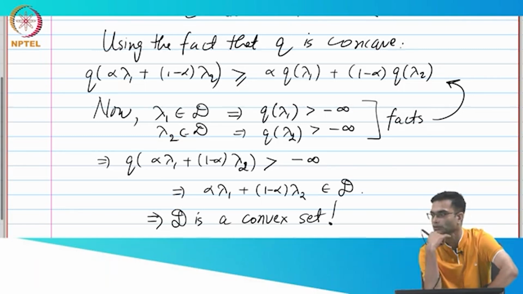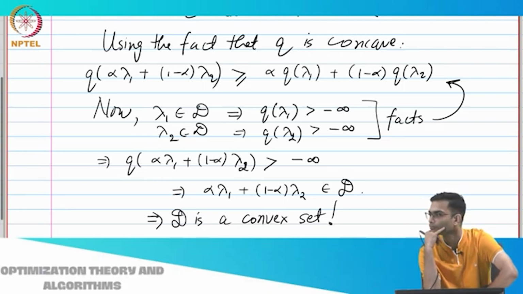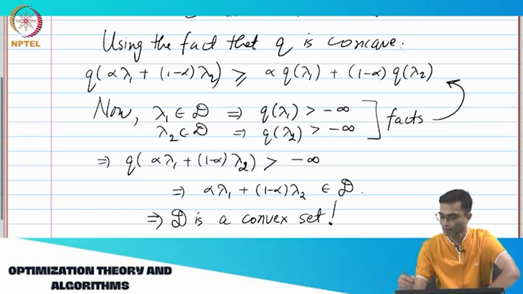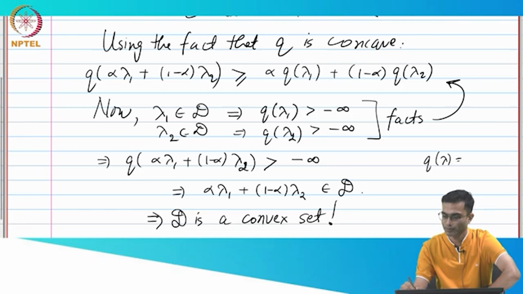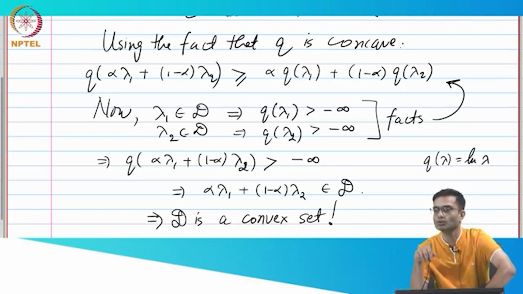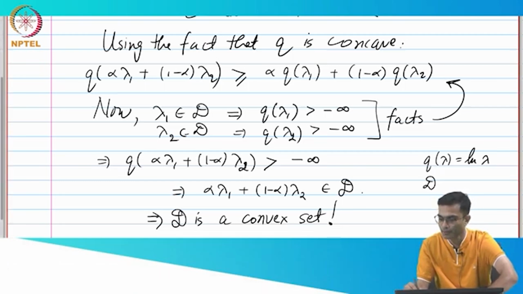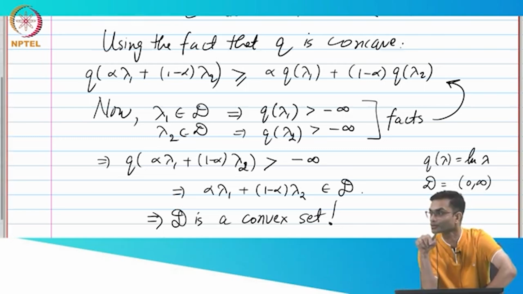For example, if I ask you what is log x at 0, so it's not a number, right? So supposing Q of lambda were equal to log of lambda, let us say in some problem. So in this case, what is the domain of Q? The domain would be the open interval 0 to infinity, because 0 is not allowed.